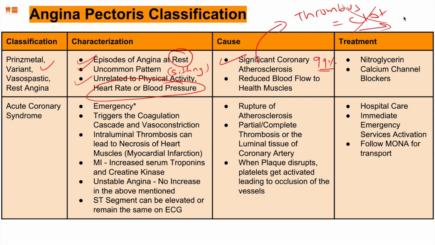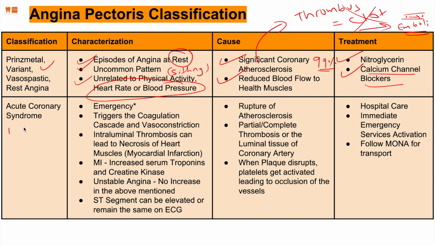Then what if the thrombus lodges somewhere else in the artery instead of here? So that is an emboli. So we'll take a look at these in the next slide as well. So basically it reduces the blood flow to the heart muscle regardless, right? Nitroglycerin and calcium channel blockers can also be given.